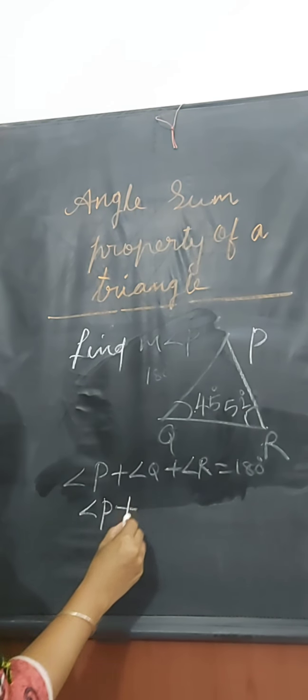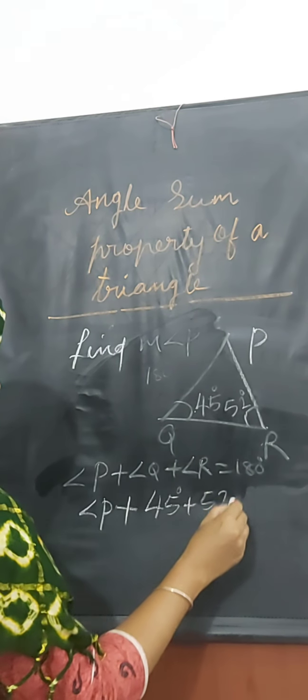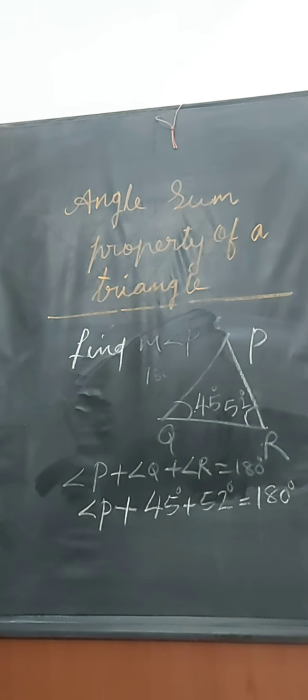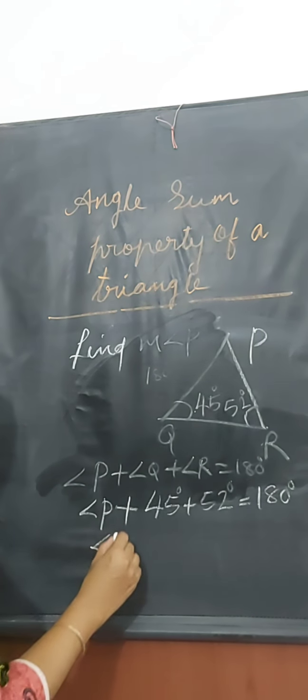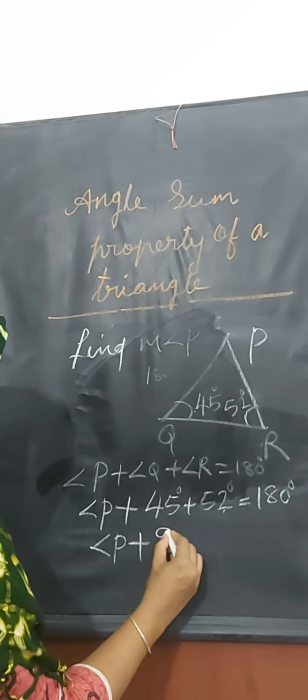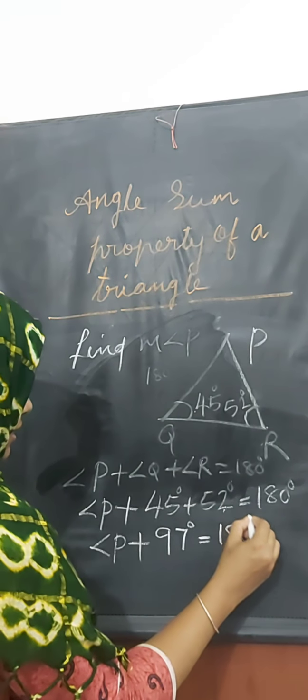Angle P plus 45 degrees plus 52 degrees equals 180 degrees. Angle P plus 45 plus 52, 97 degrees, equals 180 degrees.